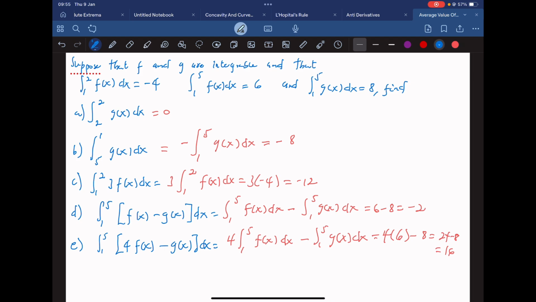Now let's look at the last question. We are told to find the value of, we have 1 to 5. No, we have to find 2 to 5 f of x dx.